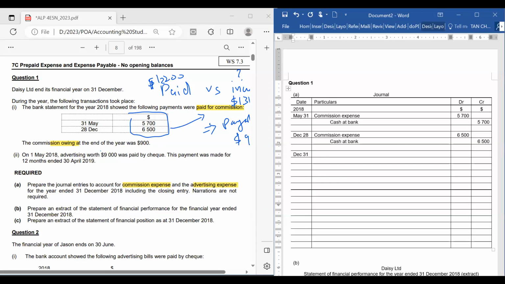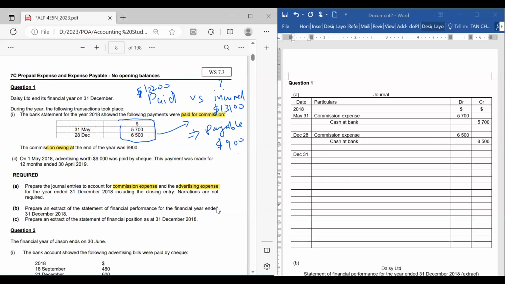Number one, here we knew that there is actually an owing of commission expense at the end of the year, and commission owing in this case is a payable. And we have learned that a payable is actually a liability. So commission expense payable will be created at the end of the accounting year because we are still owing $900.